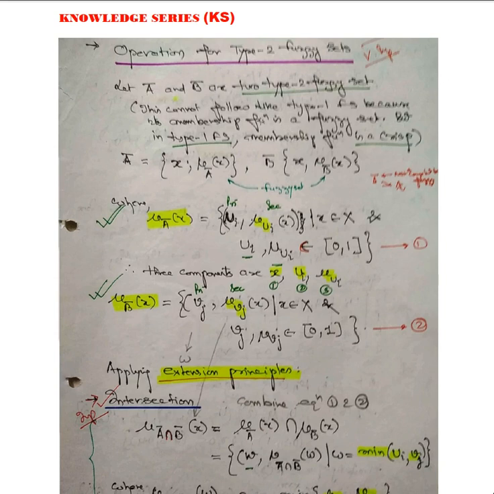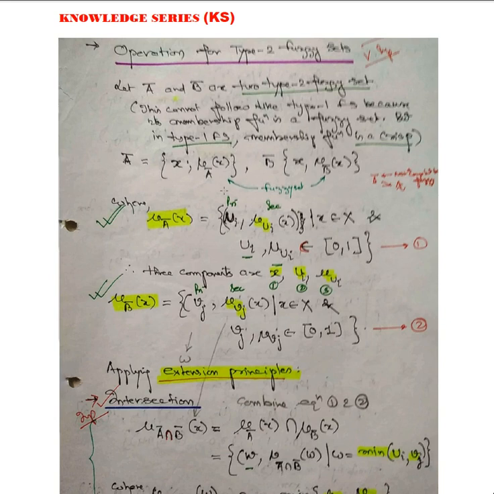The fuzzy set A is represented as x comma mu A of x, and fuzzy set B is x comma mu B of x. But here, if you simply see, it looks like a type 1, and you know the type 2 is the extension of the type 1, and its mathematical modeling comes from the type 1 fuzzy set.